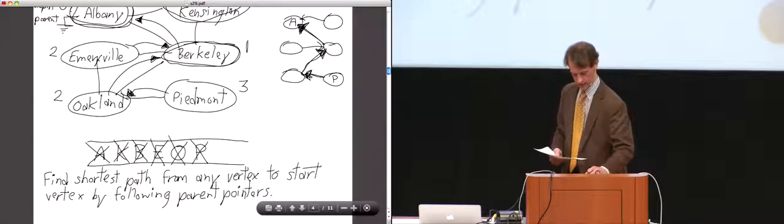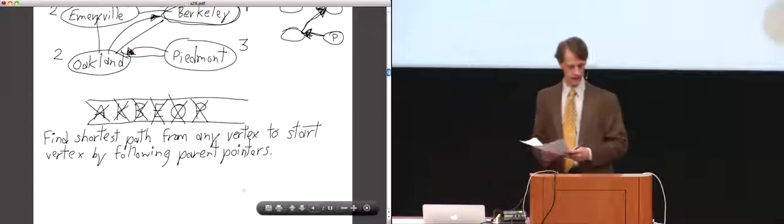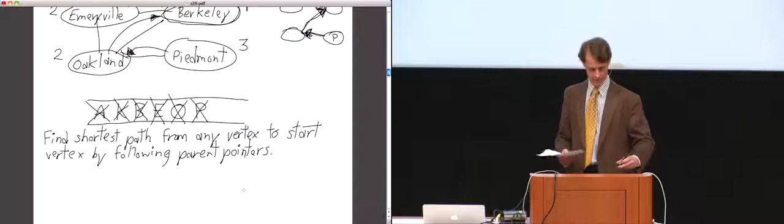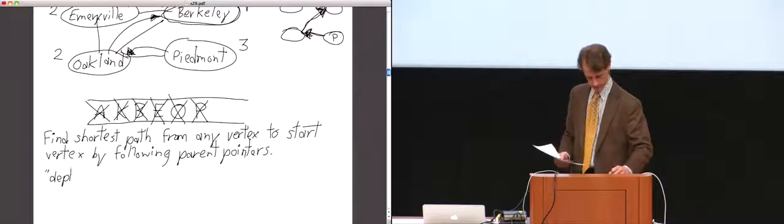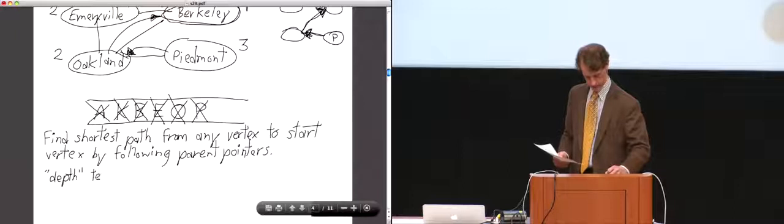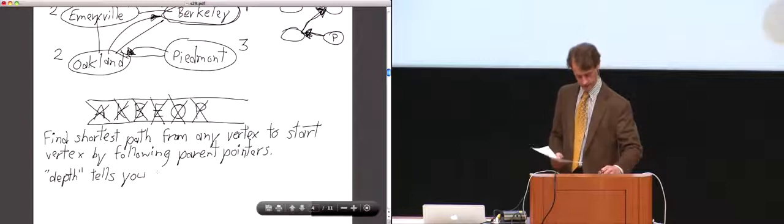And so that is one of the things that breadth first search gives you. Another thing it gives you is the lengths of those paths. Because if you think of it as a tree, it is the depth of the node in that tree.